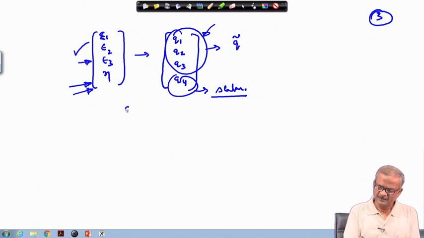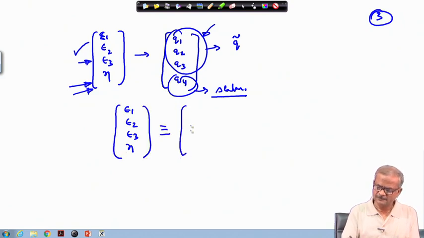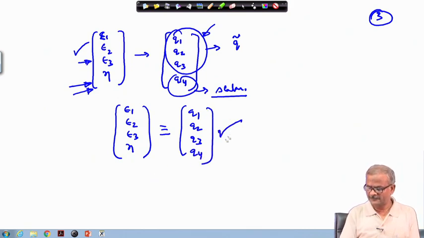However, you can equivalently use this notation. Instead of using this, equivalently you can use q 1, q 2, q 3 and q 4. Okay.